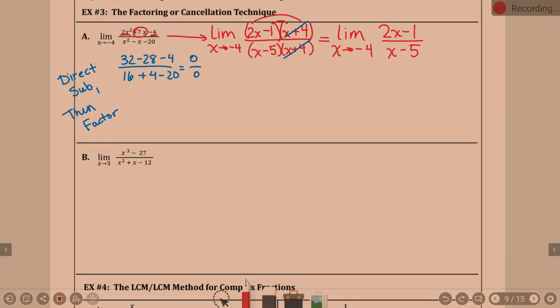Now what? Plug in. Plug in. One. I agree.